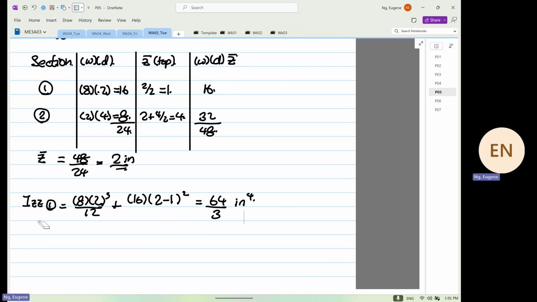Oh, Iyy. Too excited. My wife says I always need drugs to calm myself down. I think she's right. So Iyy is 2 times 4 cubed over 12 plus 8 times (2 minus 4) squared.